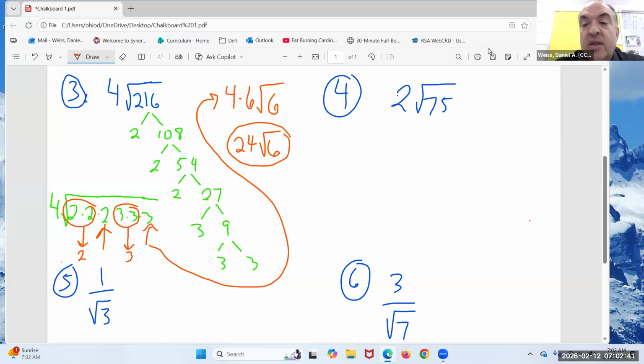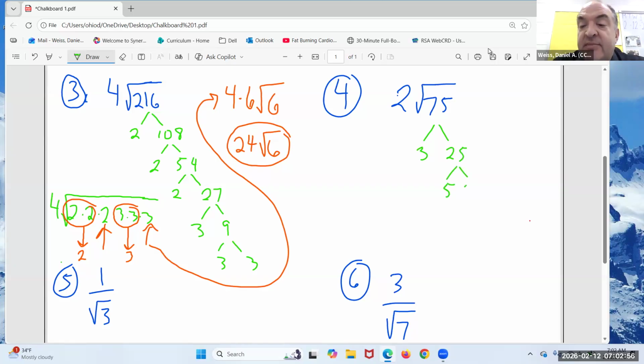Okay. Look over here. We're going to break down 75. 75 is 3 times 25. 25 is 5 times 5. So what do you have? You have the square root of 3 times 5 times 5.